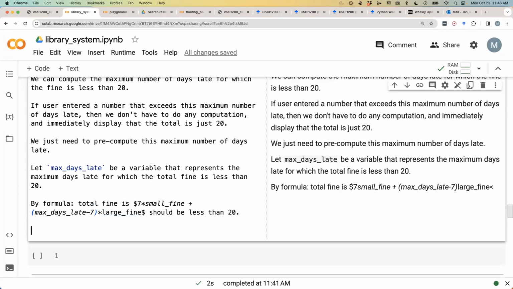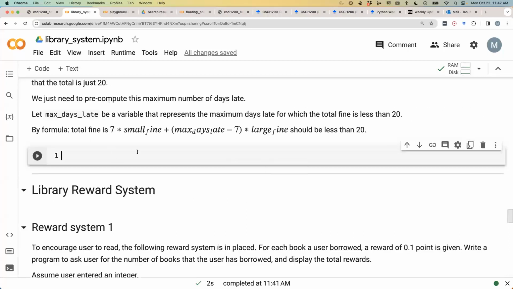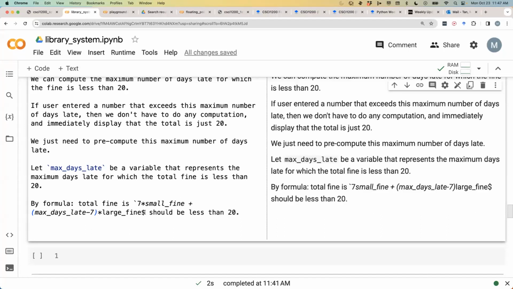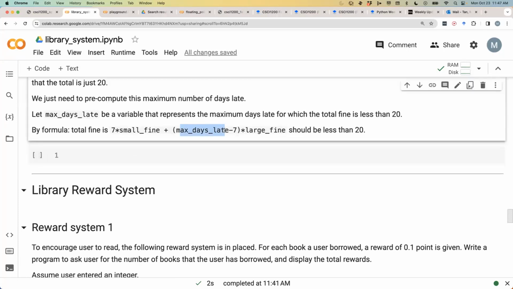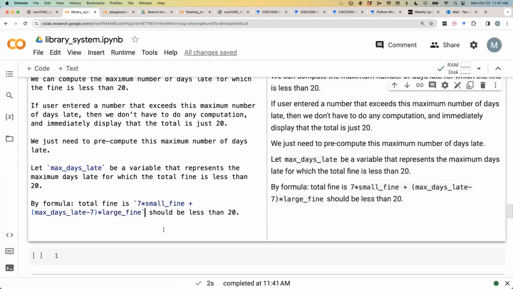Now you want to find what this maximum days late is. You just need to compute the maximum value of days late for which this formula is less than 20. This is easy, you just shift everything.